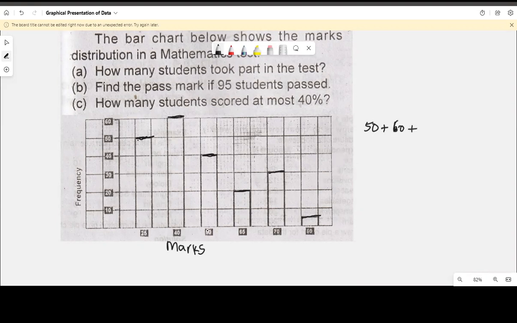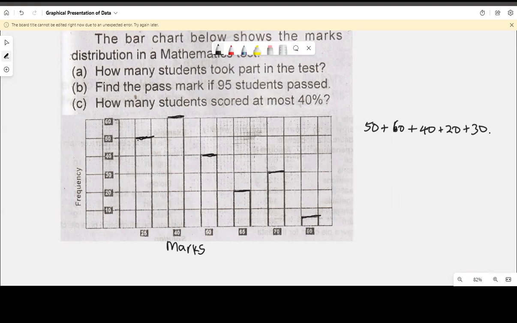Then how many score 60? 40 students. How many score 65? That is 20 students. How many score 70? 30 students. And finally, how many score 80?